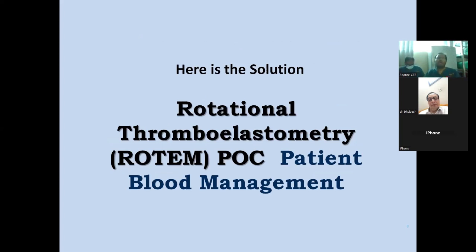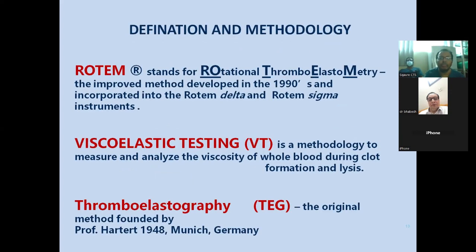Here we have a solution, and that is rotational thromboelastometry, or ROTEM, a point-of-care patient blood management tool. So what is ROTEM? ROTEM is rotational thromboelastometry, an improved method developed in the 1990s.